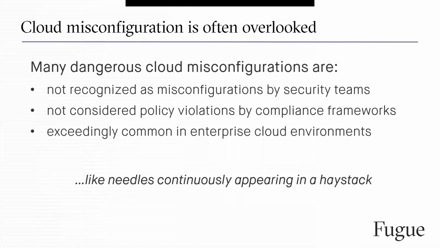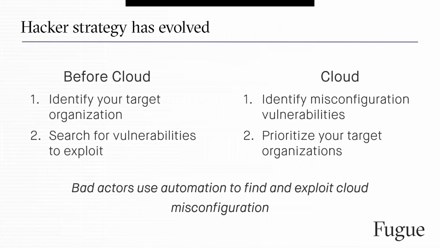They can be quite difficult to get your hands around. The good news is, because cloud is driven by APIs, with tools like Fugue, you can find these things and be notified of them right away. So there's no mystery to that, but you really have to know what you're looking for, which is, of course, what we kind of do for a living.